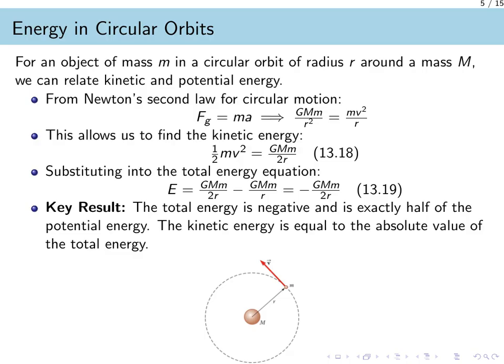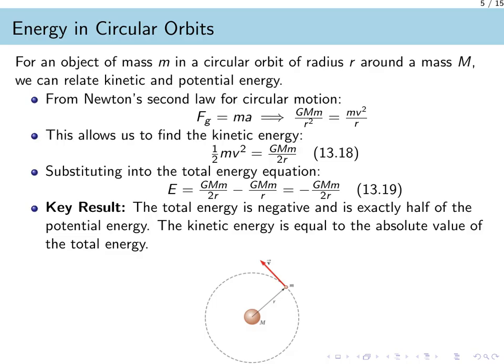We find that the kinetic energy, 1/2 mv², is equal to the quantity GMm/2r. Next, we substitute this expression for kinetic energy back into our general equation for total energy. The total energy is the sum of this kinetic energy and the potential energy, which is negative GMm/r.